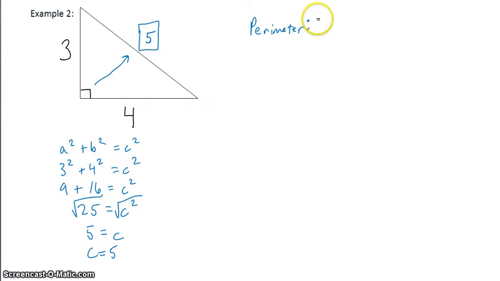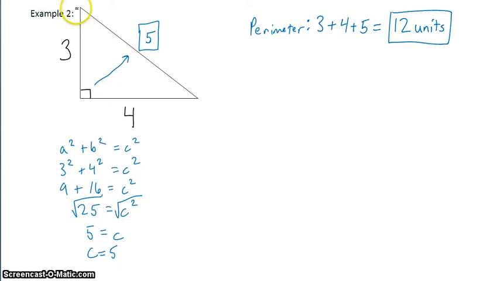So the perimeter is going to be 3 plus 4 plus 5, for a grand total of 12. Again, we don't know if this 3 and this 4 and this 5 are referring to inches or centimeters or miles, so we're just going to say units. The length of the line that bounds this figure is 12 units.